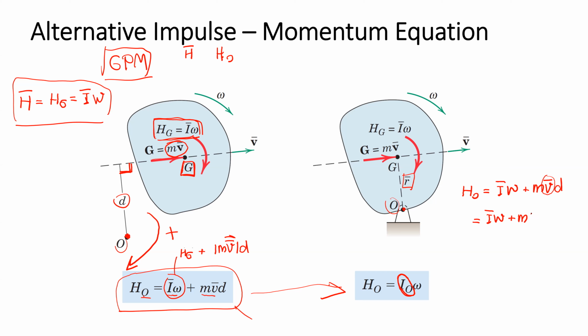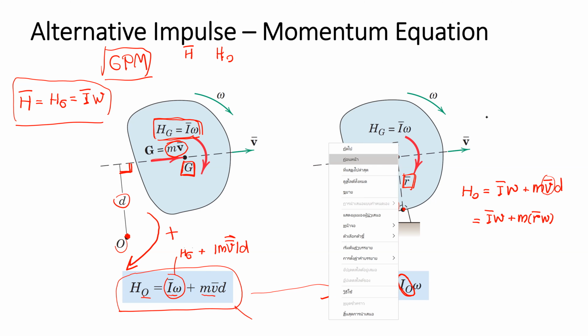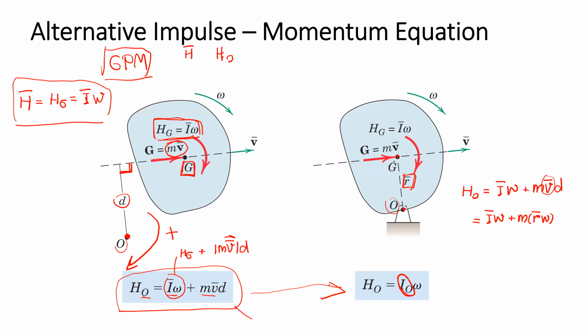V equals r bar omega, because we have the fixed point and r bar is fixed. R bar is the distance between the fixed point, the fixed axis of rotation, and the center of gravity.